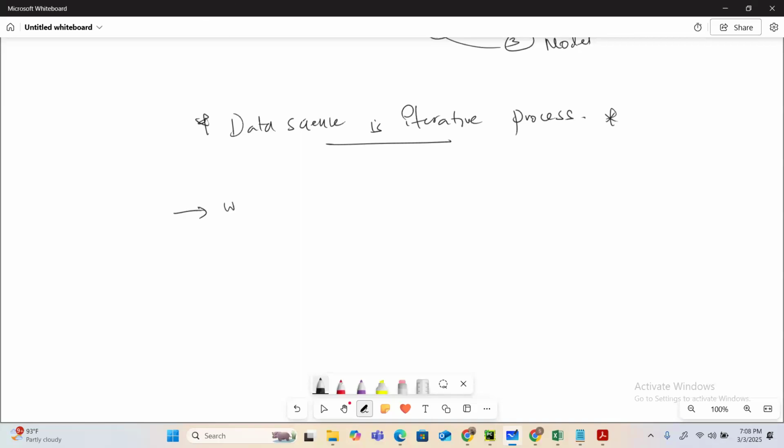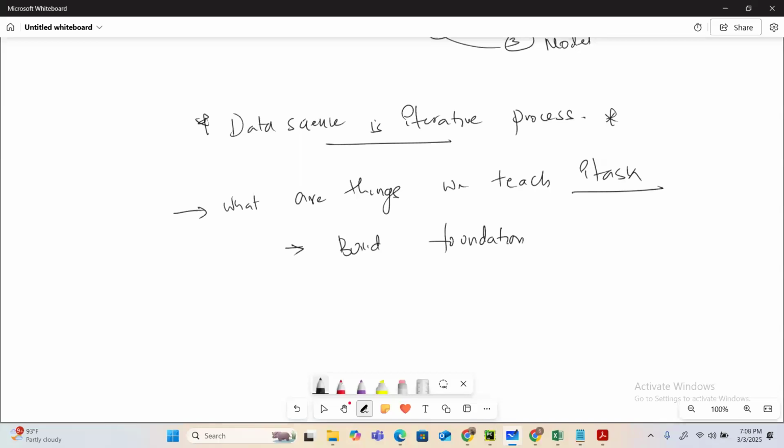What are the things we teach at iTask? First we build a foundation for programming. It means basics, OOPs concepts, and most important is DSA.